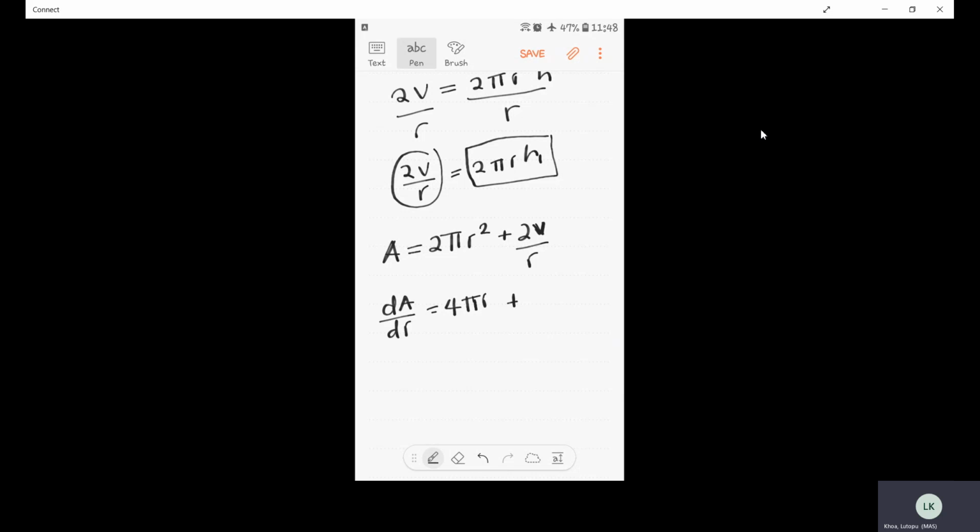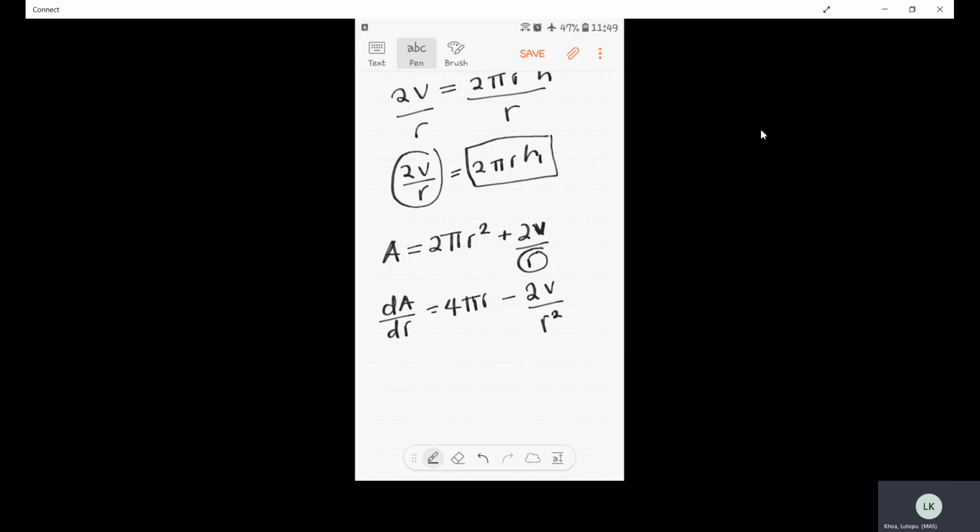And then over here, this 1 over r is the same as r to the power of -1. So the -1 will come down. So I have minus 2v, and then the -1 will decrease by 1 to become r to the power of -2, which is just r squared, like that. So that is the first derivative.